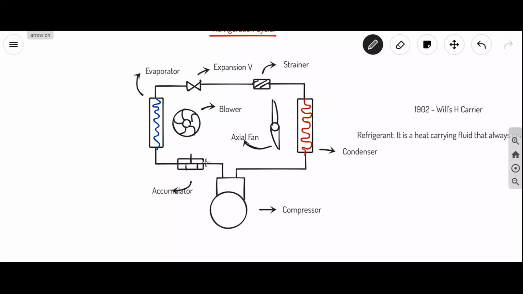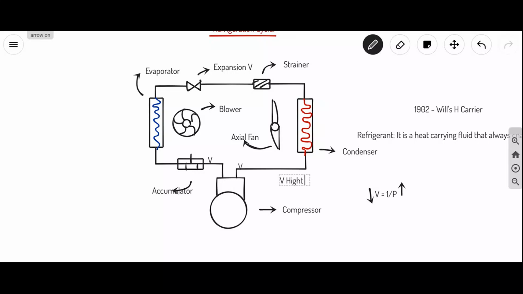It sucks the vapor form of the refrigerant and discharges the vapor refrigerant. In between, it compresses the volume of the refrigerant. Volume is inversely proportional to pressure, Boyle's law. As volume decreases, pressure increases, so very high pressure.